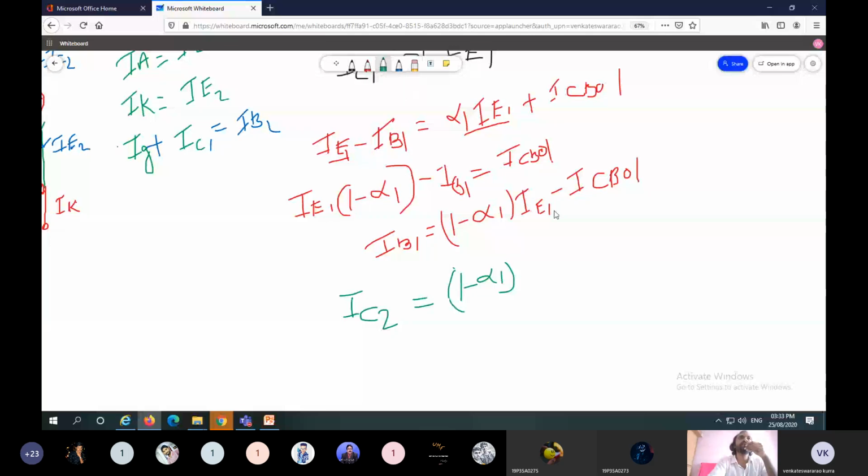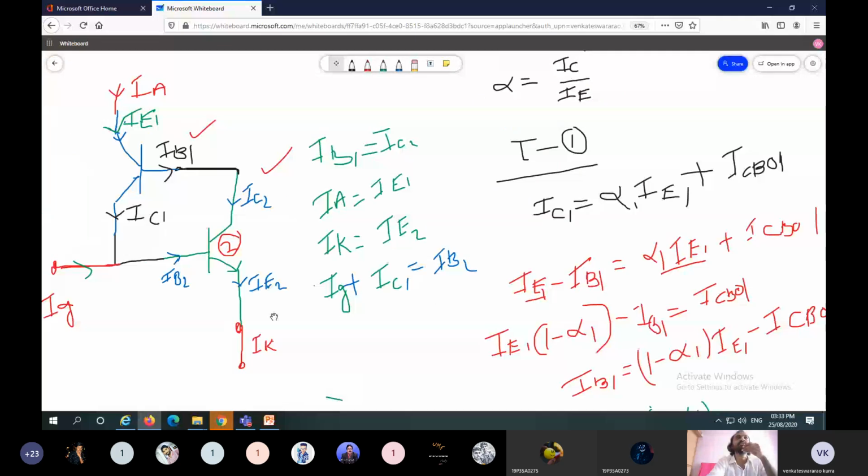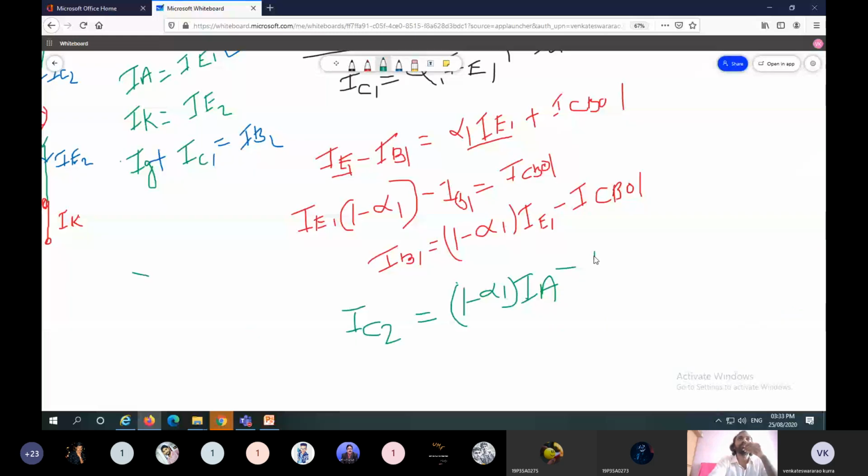What is the relation between IE1 and other parameters? Is there any relations here? IE1 equal to IA. Both currents are same. IE1 equal to IA. So substitute this value. This one is IA minus ICB0.